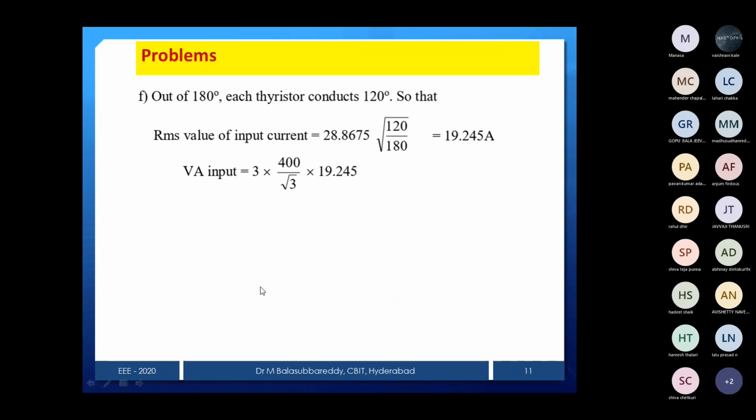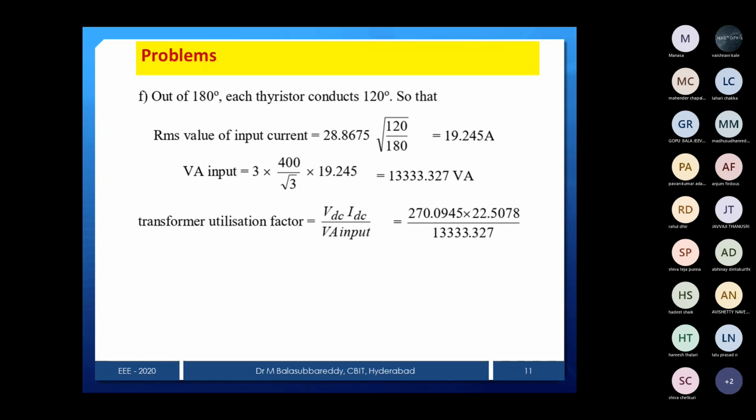That also can be written as 3 into Vm, where this Vm is divided by root 3, I mean the phase voltage. And then the transformer utilization factor is PDC by volt amperes. So it is the same as the single phase notation, and we'll get the transformer utilization factor.